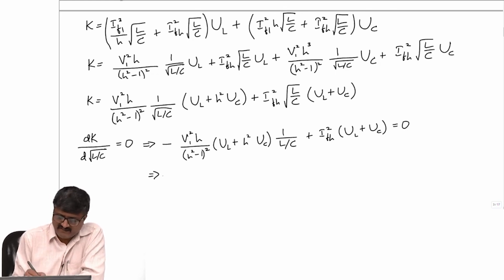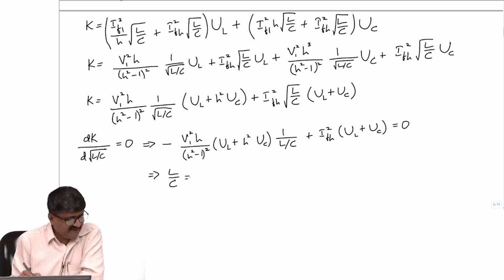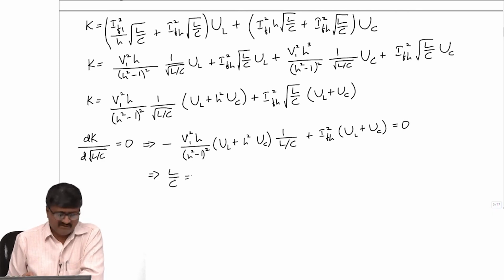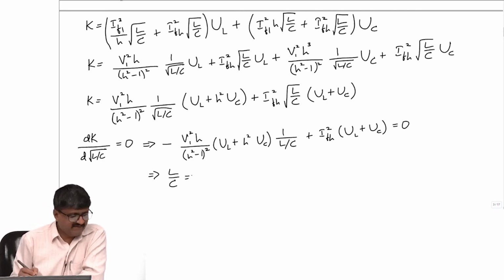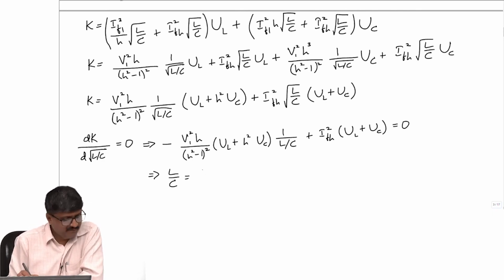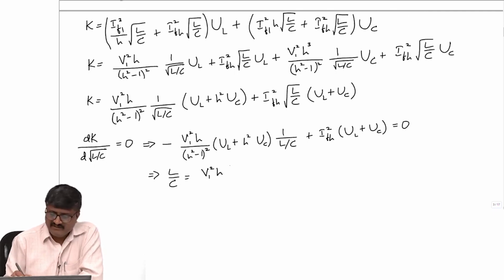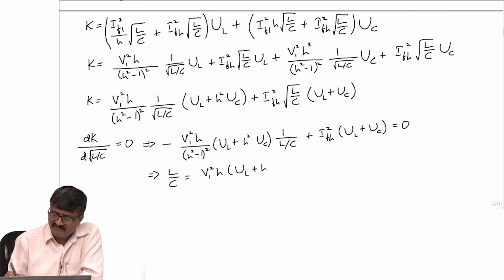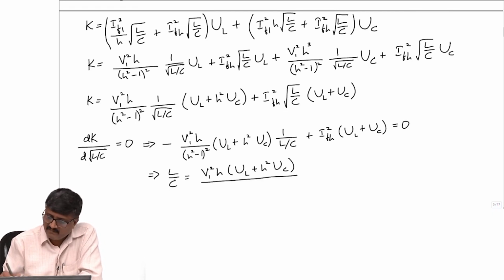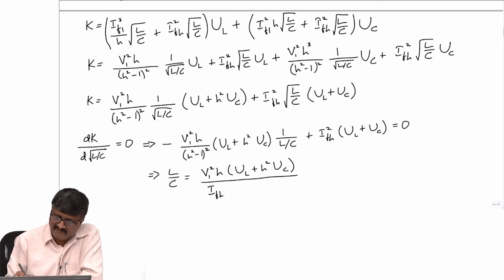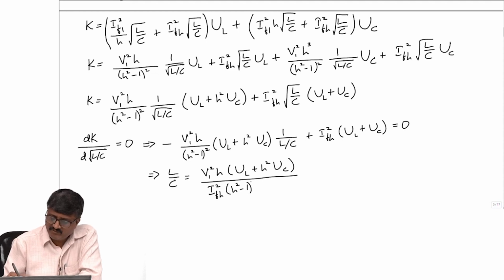So, from the necessary condition for minimum cost, L by C should be equal to V1 squared H into UL plus H squared UC divided by I of H squared into H square minus 1 whole squared into UL plus UC.